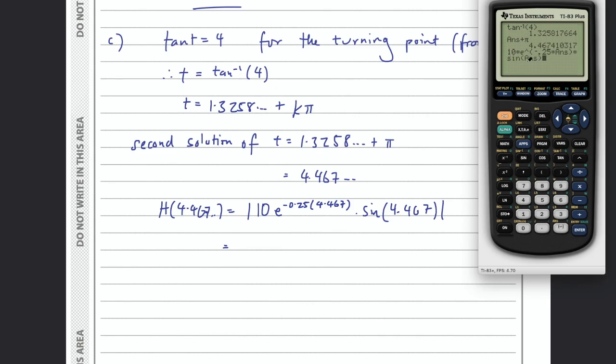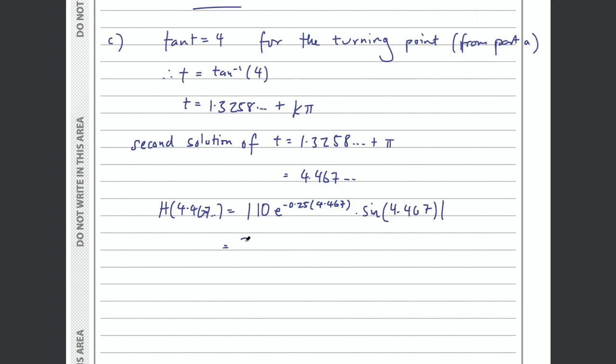That answer key really helps out, doesn't it? And I get negative 3.17, but we're talking about the absolute value, so it's going to be 3.175.